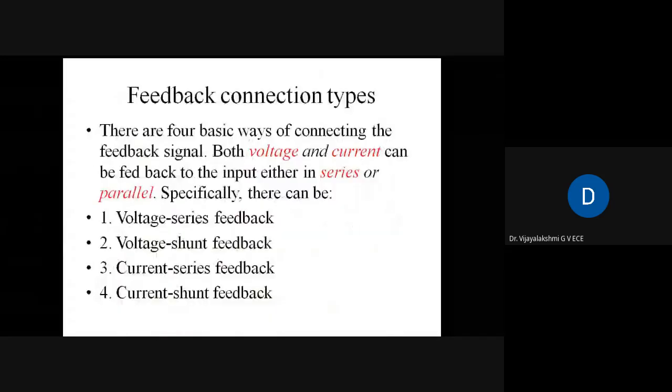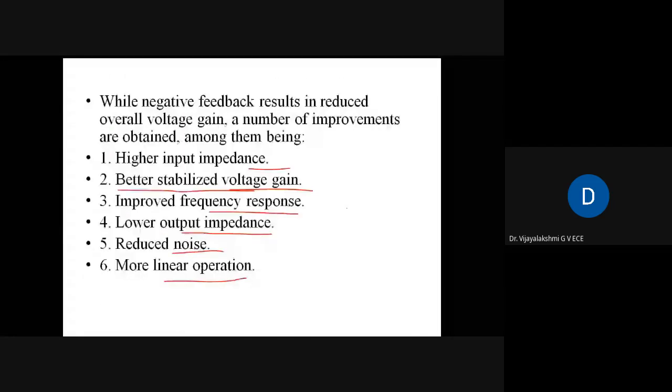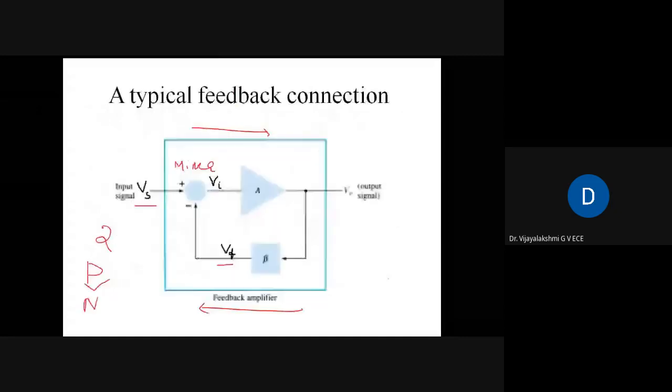Now when you refer to the first circuit I showed you, this is the typical feedback connection where we take a portion of the output and we feed that to the input. When I say portion of the output, what portion are you taking to feed back, whether the voltage or the current?